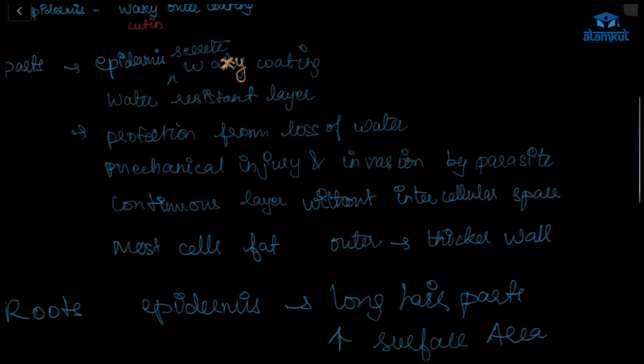Razi, what is invasion of parasite? Like when insects start eating the leaves. Right, insects and parasites like fungi will come, and this layer will prevent these parasites, this fungi, from getting inside the cells and tissues of the plant.